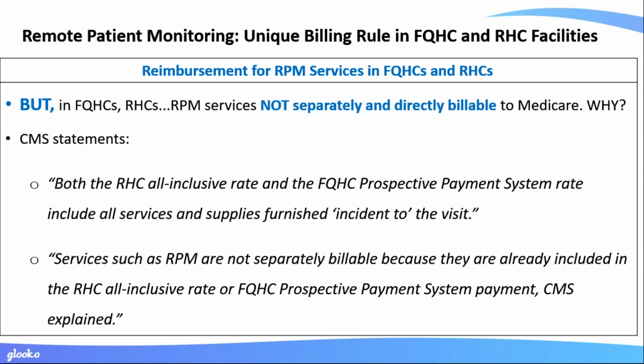Anyway, what's my point? In the statutory language right now from CMS, FQHCs and RHCs cannot bill separately for the RPM codes. But wait a minute, it doesn't mean what you think. FQHCs and RHCs will still get money from Medicare for rendering these RPM codes. They will still get money.